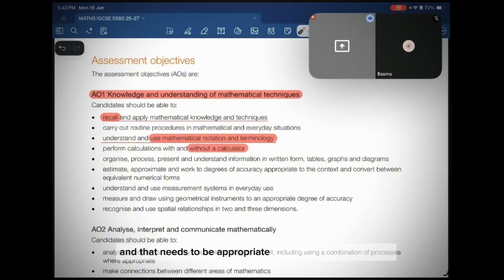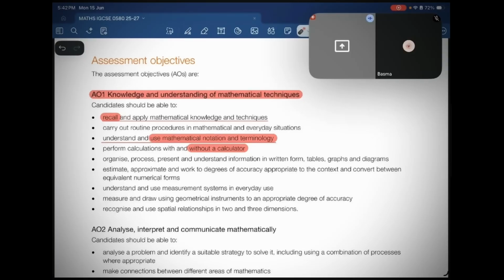And that needs to be appropriate to the context. For example, if they ask you for significant figures, it is going to be extremely different as compared to the decimal place.